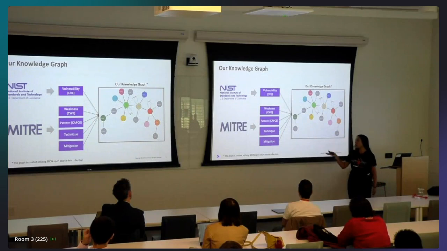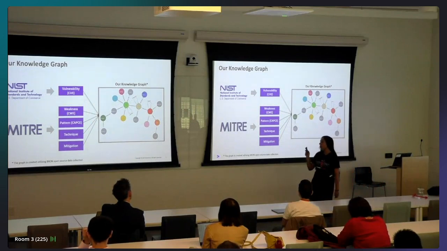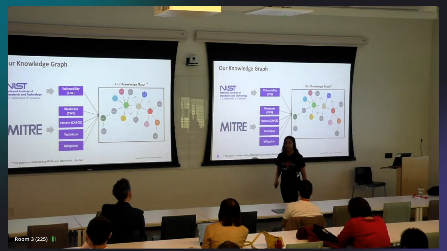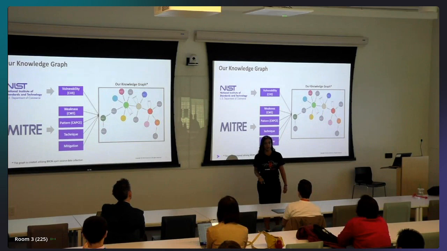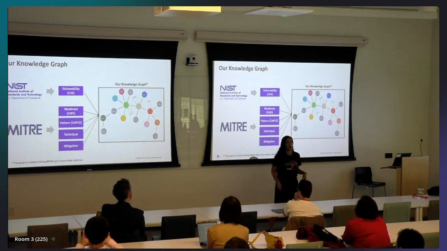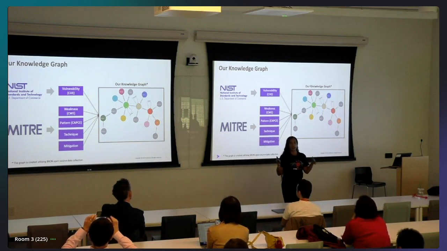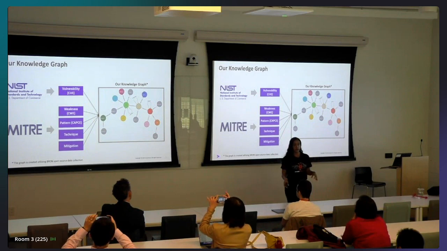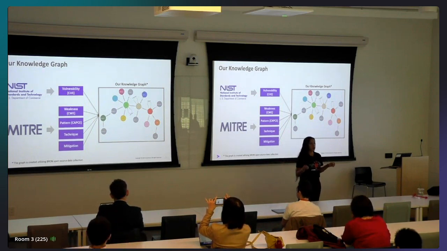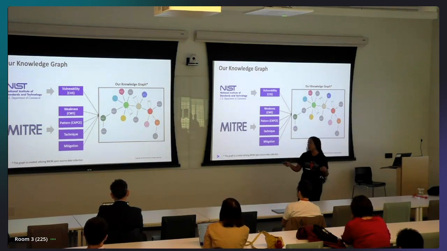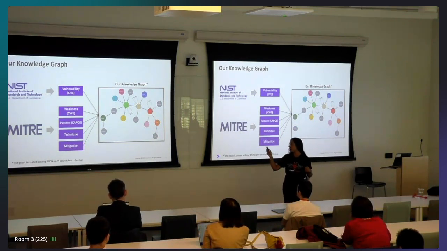You may wonder how we built our knowledge graph. So our graph contains information from NIST and from MITRE. NIST contains information about vulnerability descriptions. It's publicly available, and the information there is textual descriptions of common vulnerabilities. Each vulnerability is called a CVE, Common Vulnerabilities and Exposures.